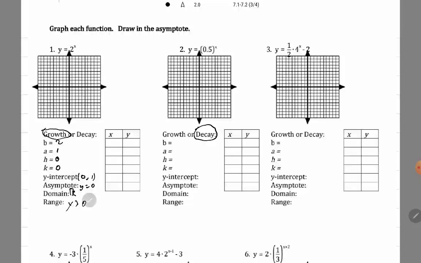So I was just copying from before, because remember, that's -2, -1, 0, 1, 2. And let's just put in 3. So -2 was 1/4, then 1/2, 1, 2, 4, 8.